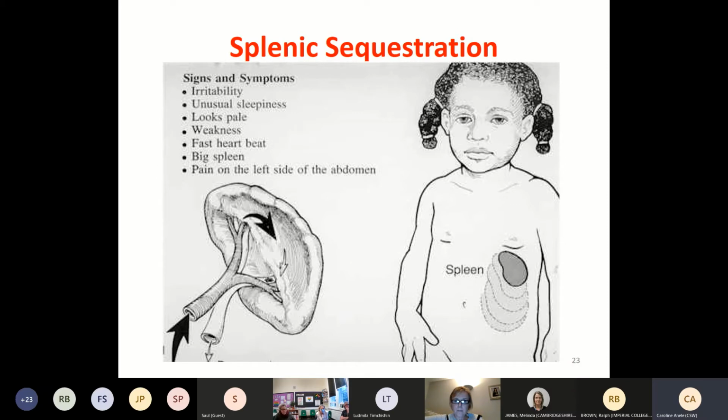So what we notice is that the spleen becomes suddenly enlarged, and because usually it happens in very young children, they do not have enough blood going around the body, and this could lead to shock, and if not treated early, could lead to death. And so if this happens, we usually would advise that emergency services are called so that it could be treated. If it happens twice, most of the time the spleen will be removed.